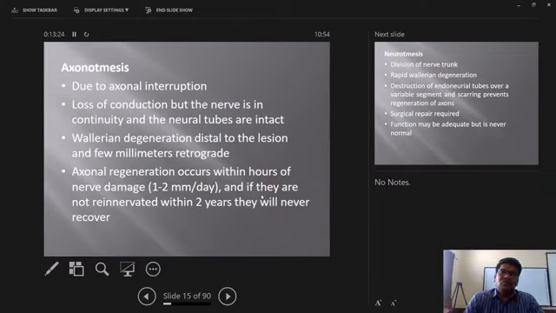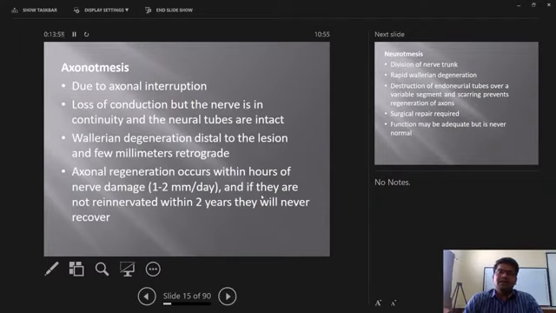They give rise to numerous nerve filaments which travel through these endoneural tubes, and they slowly reach the motor end plate at the rate of 1 mm to 1.5 mm per day. So the nerve regenerates at the rate of 1 mm to 1.5 mm per day to reach the motor end plate.